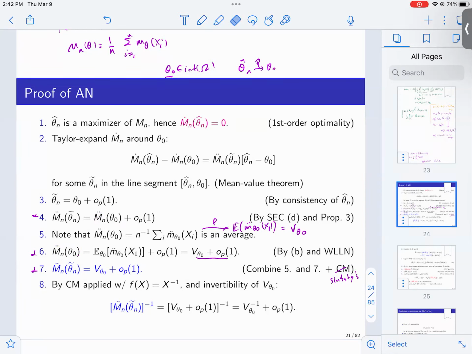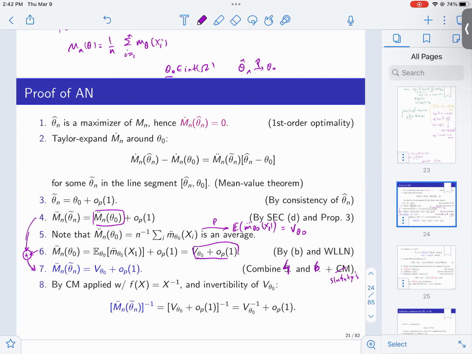It should be 4 and 6 together, not 5 or 7. 4 and 6 together give you that. Just plug this in for this, and you get v theta naught plus OP of 1 plus OP of 1.